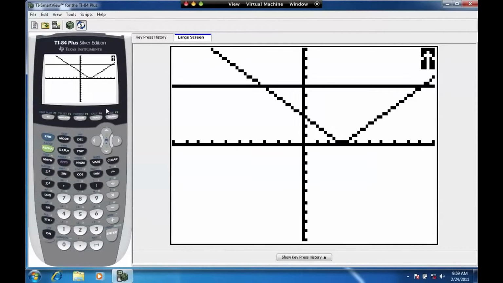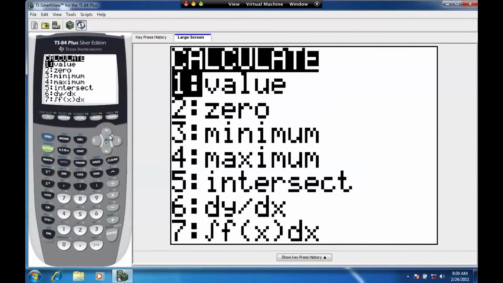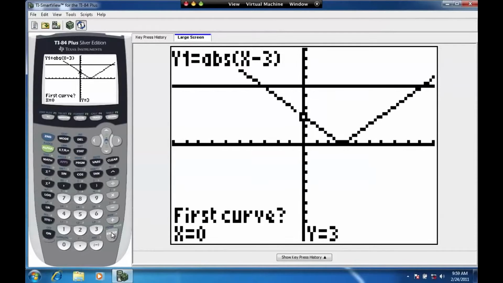So we hit second, calc, and we move down to option number 5, intersect, enter. Now, the place where the cursor is flashing is a starting point. The point of intersection closest to that starting point happens to be the point of intersection on the left. So when we first run this intersect feature, it's going to find the intersection on the left.